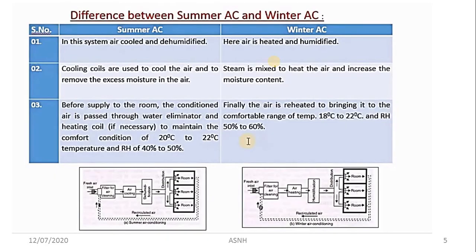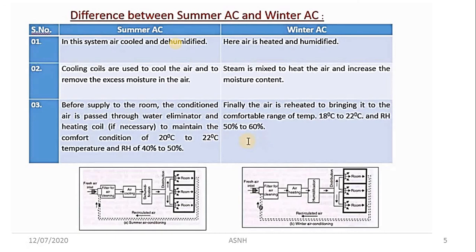The next important point of the discussion is the difference between summer air conditioning and winter air conditioning systems. So students, in case of the summer air conditioning system, the air is cooled and dehumidified. This is the most important concept in the summer air conditioning system. What is the meaning of dehumidify?